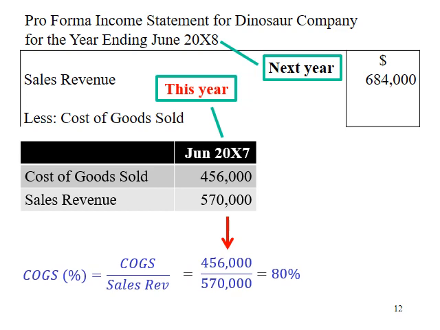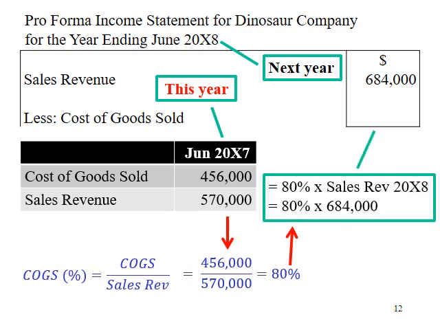Let us use the 80% to find the cost of goods sold for next year. 80% times sales revenue of next year, 20x8. So it's 80% times 684,000 gives you 547,200.